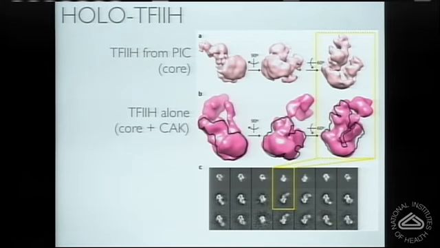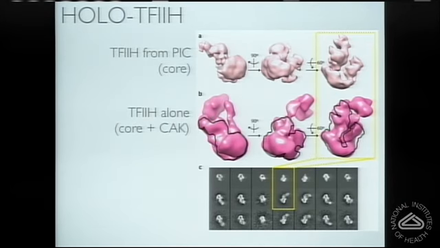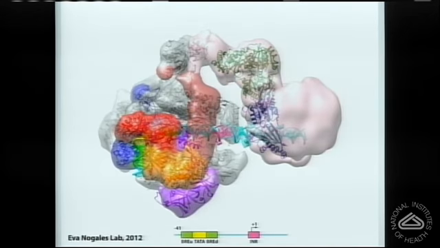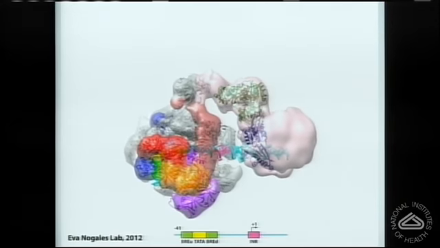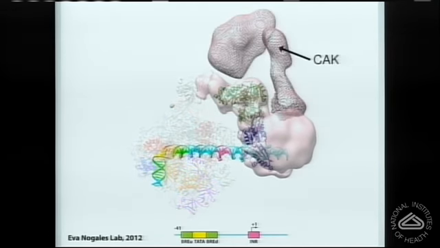Then we can reconstruct those, the TFIIH, and see that there is this extra density with respect to the core TFIIH that we resolve clearly, that is more stable, and we resolve in the context of the PIC. But we can take this structure now, superimpose the core, and see it in the context of the whole PIC. And that, I'm going to show you now, that extra density and how it is located.